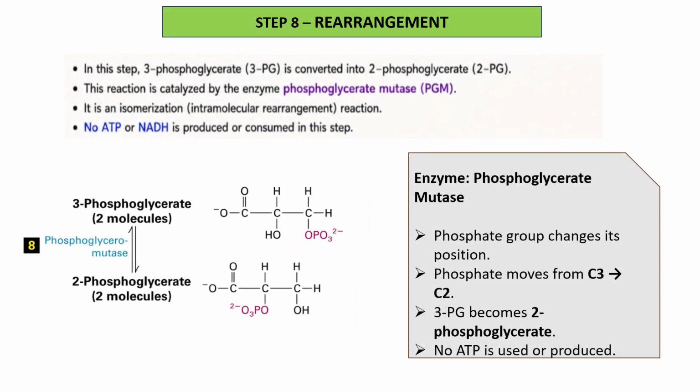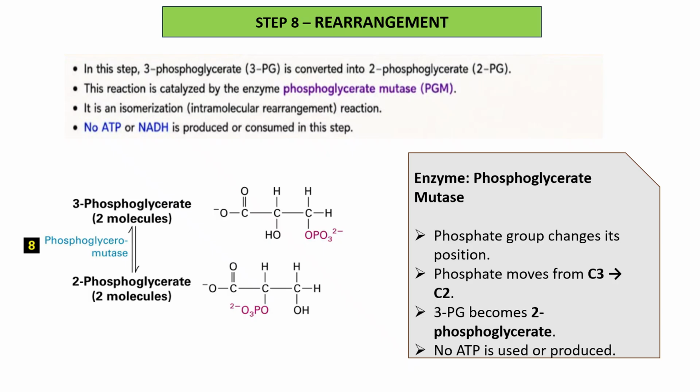Step 8. Rearrangement of 3-phosphoglycerate. The eighth step of glycolysis is an isomerization or rearrangement reaction. In this step, 3-phosphoglycerate is converted into 2-phosphoglycerate by the enzyme phosphoglycerate mutase. The main change in this reaction is the movement of the phosphate group from the third carbon to the second carbon.